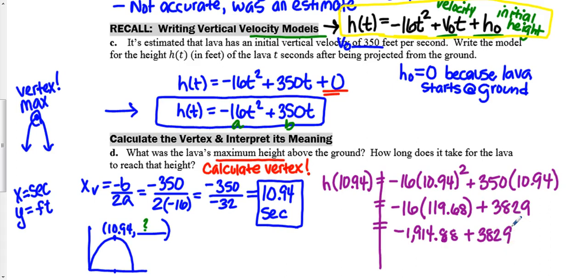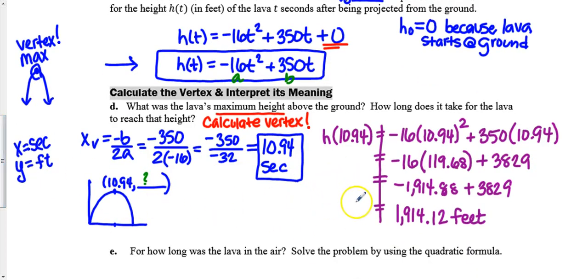Adding 3,829 to that, I get 1,914.12, and I know it's feet because we're finding the y value, and I know over here y is feet.